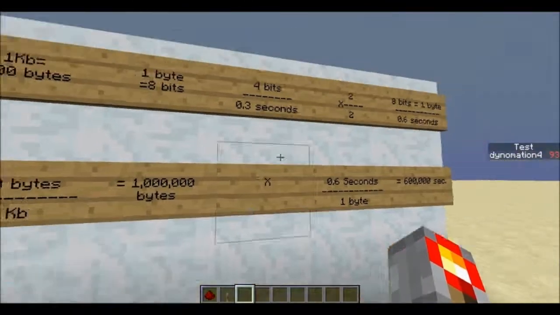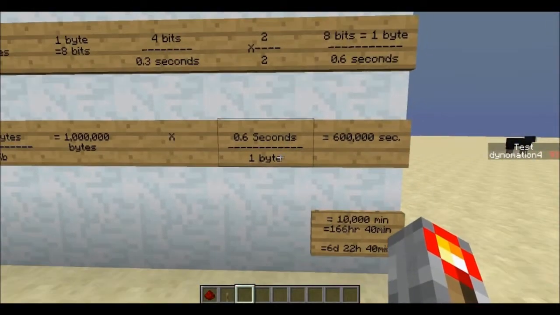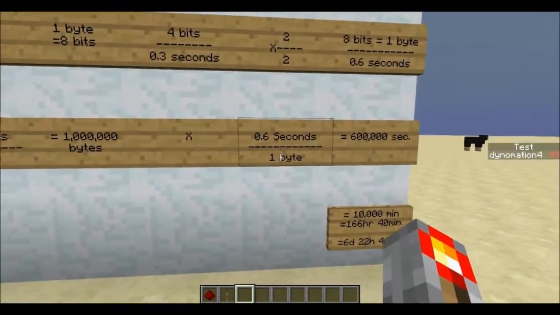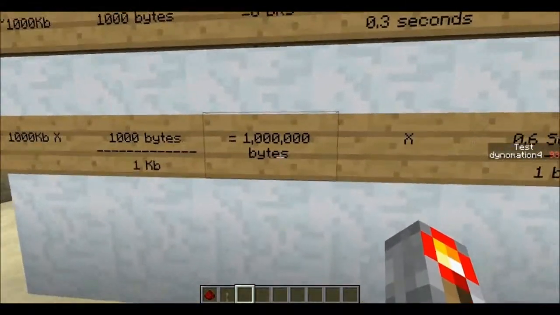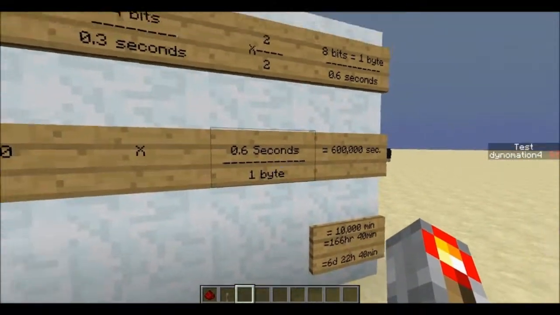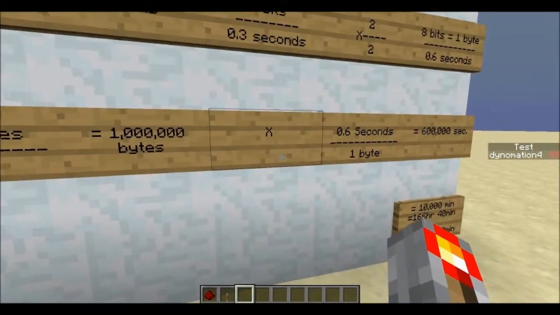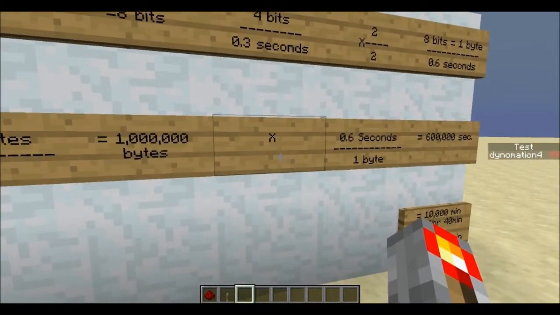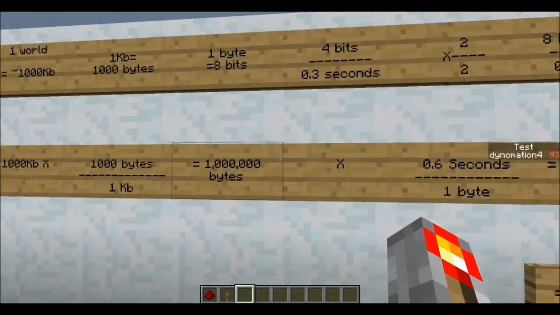Now you're going to multiply that by what we got over here, but we're going to flip it upside down for 0.6 seconds per byte. That way, bytes are on the top and bytes are on the bottom, so you get seconds left over when the bytes cancel. Otherwise, we would get bytes squared per second, which is not what we want.